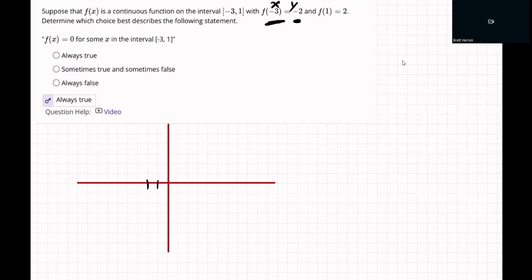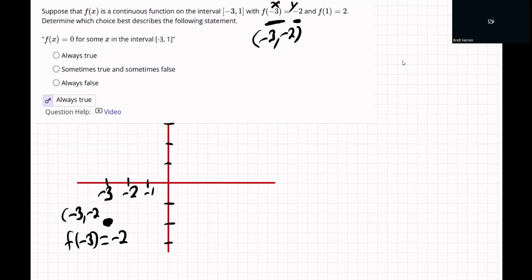So back three, down two, which is right here. That's f of -3 is -2. It's the point back three, down two.